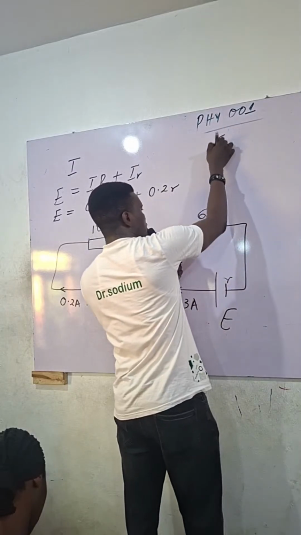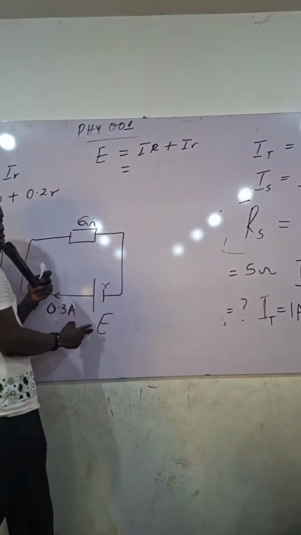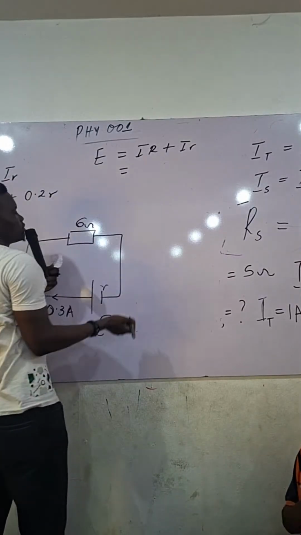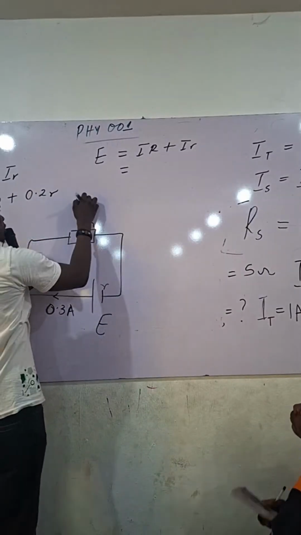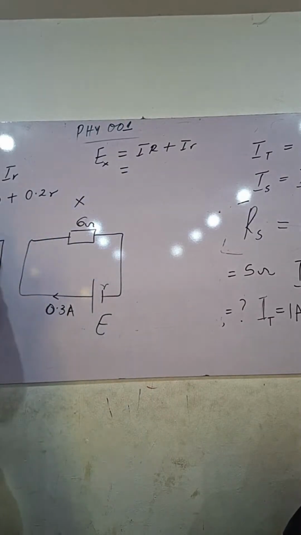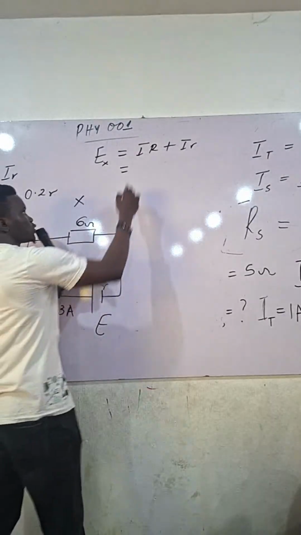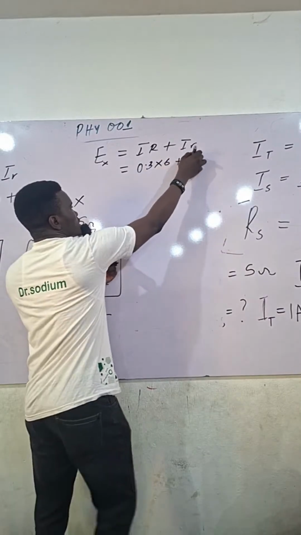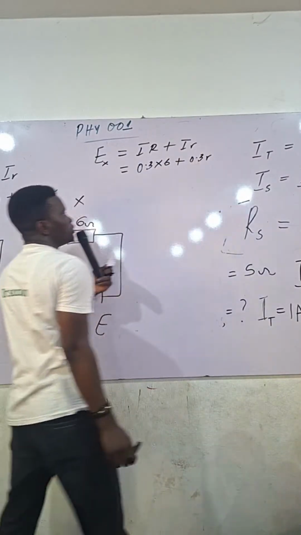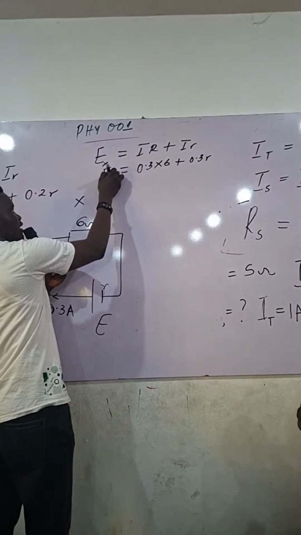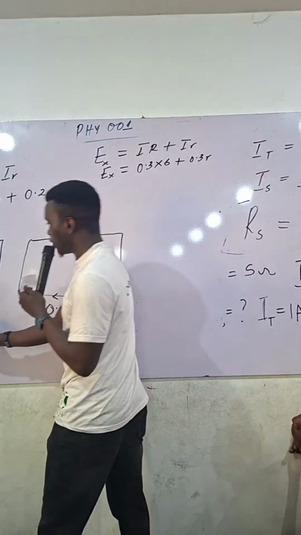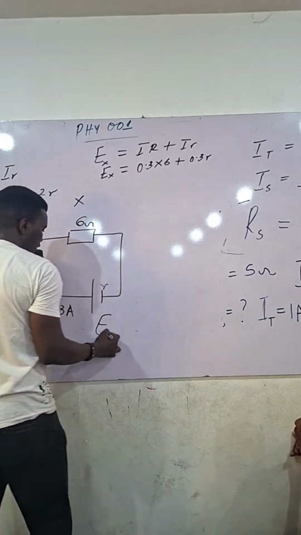For the second one, we have E is equal, but we don't know the E. But we know that this E and this E are the same. So let me call this EX, and let me call this one EY. At the end of the day, this is going to be 0.3 times (6 plus R). That's EY. I can now say that my EY is the same as my EX.